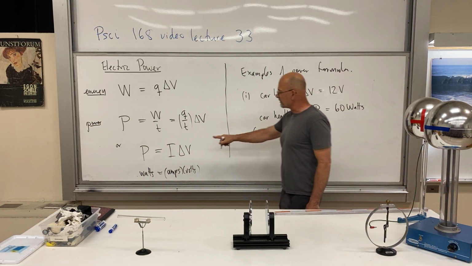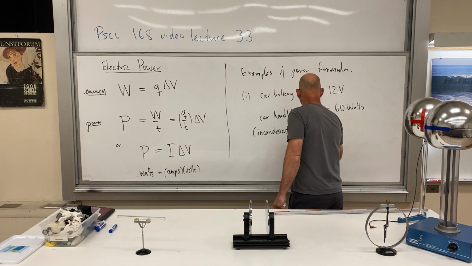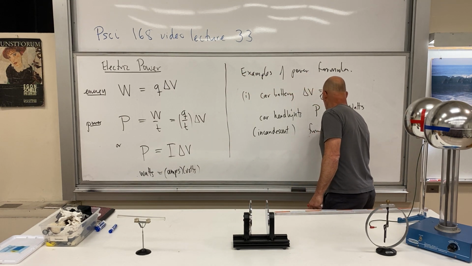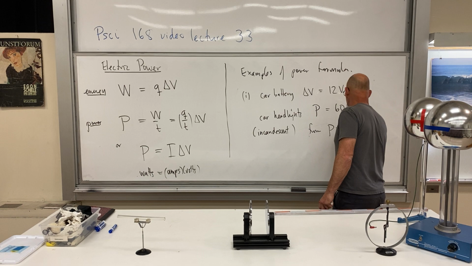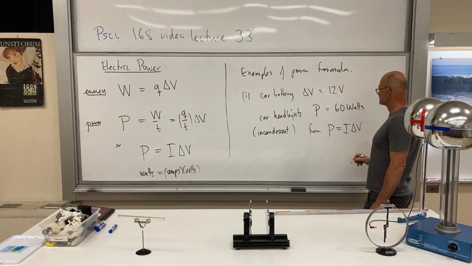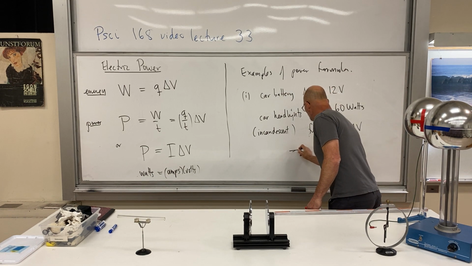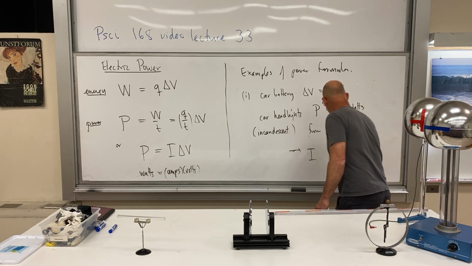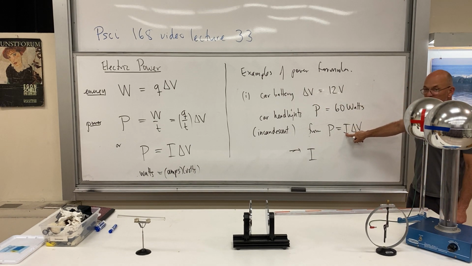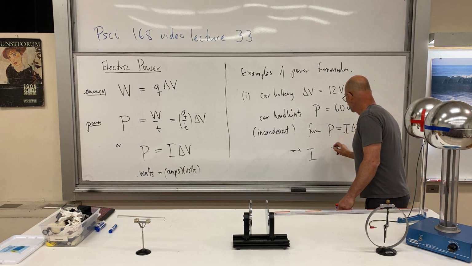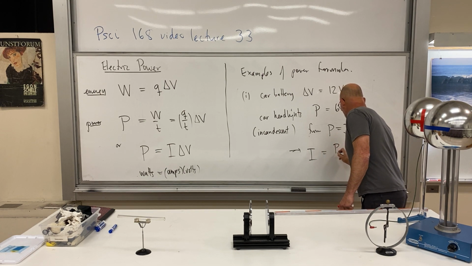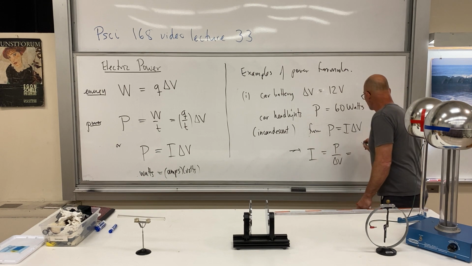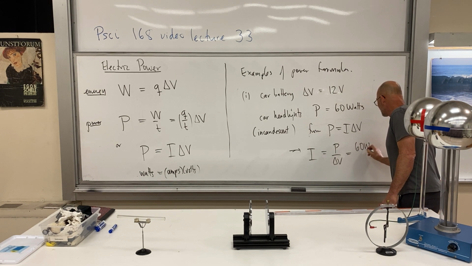So what about our power formula here? From P equals I delta V, we solve for the current, right? We're just dividing both sides by delta V. We have P divided by delta V. So 60 watts divided by 12 volts would be 5 amperes.